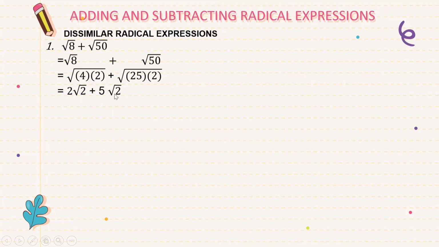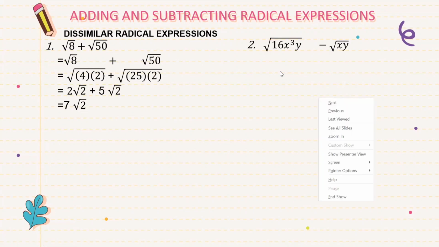And the 2 inside the radical sign will remain inside. So, mapapansin natin na we already have similar radical expression kasi ang radical na natin ay parehong 2. So, that would be 2 plus 5 times square root of 2 is equal to 7 square root of 2.